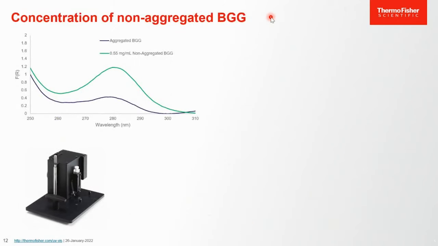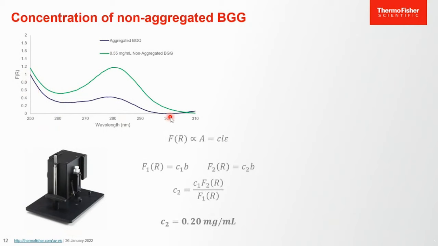So to determine the true concentration of the non-aggregated bovine gamma globulin in solution, I took a spectrum of the sample using the integrating sphere in which I know that I have no aggregates present. So I should have a known concentration, and I can collect that Kubelka-Munk signal from this, as well as the sample where I have an unknown concentration.